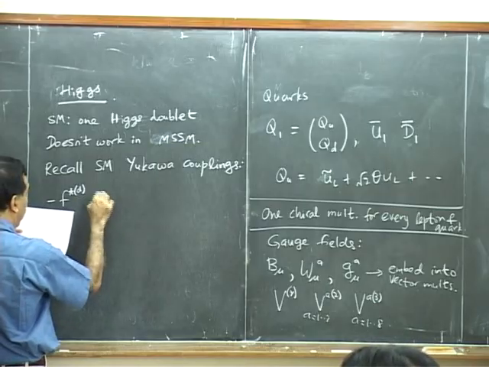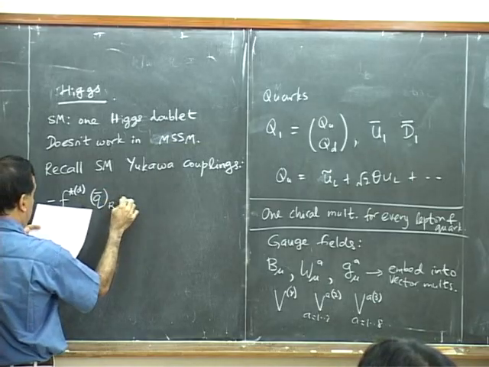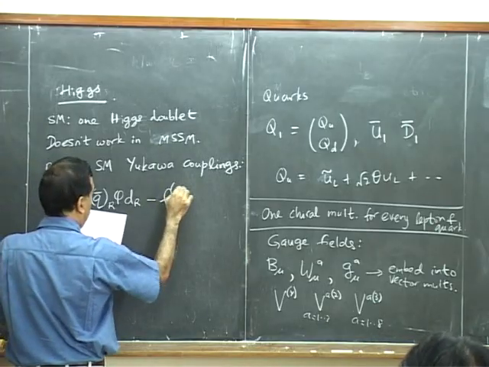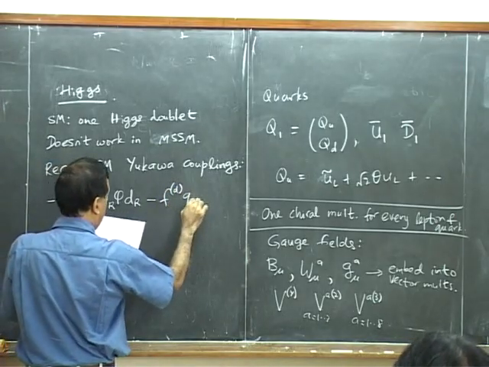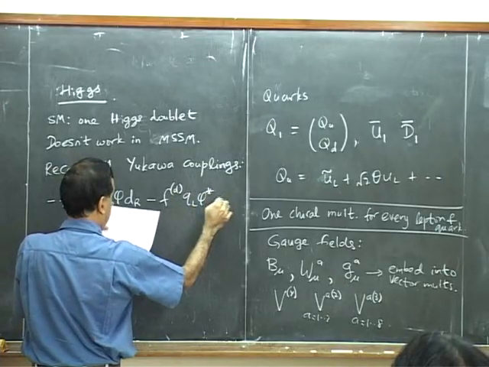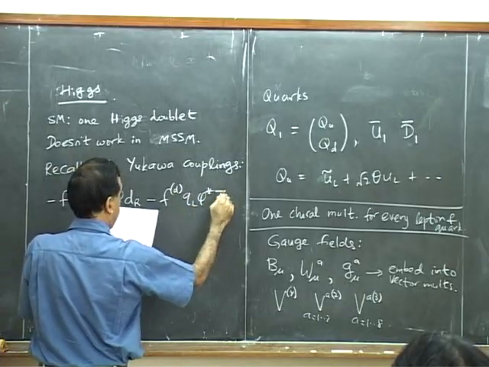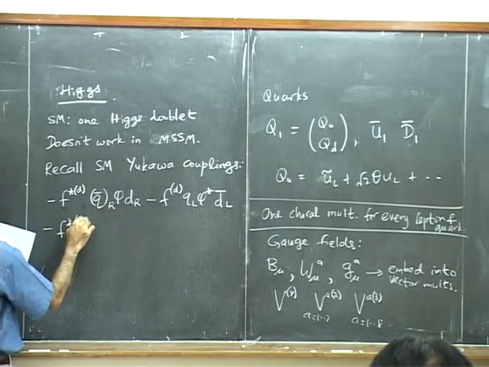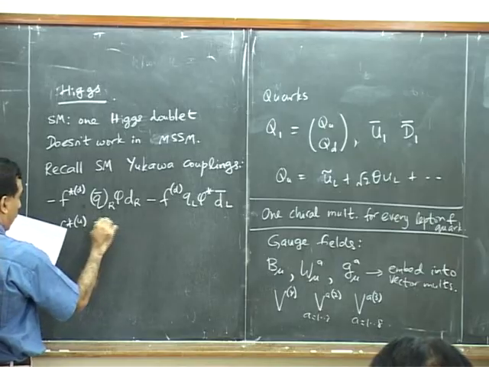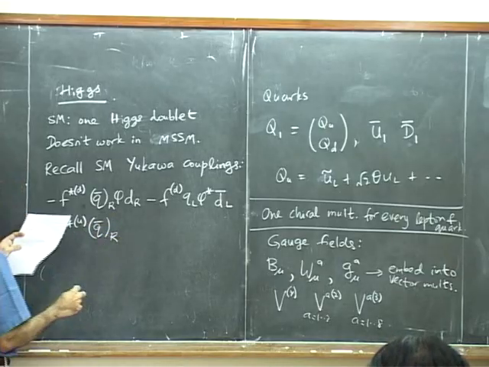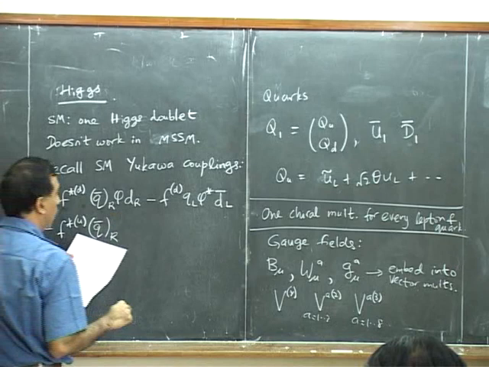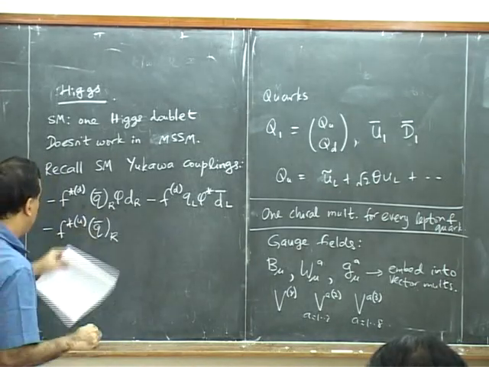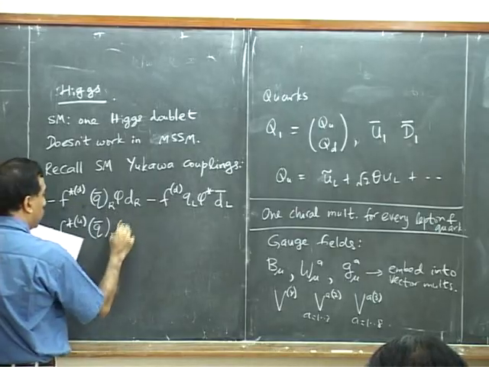Now we'll understand why. The first line are the terms which give masses to the down quarks when phi gets a vev, and the second line will give masses to the up quarks.